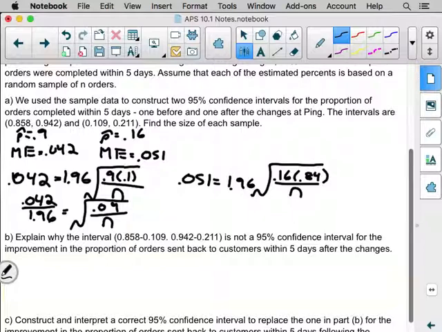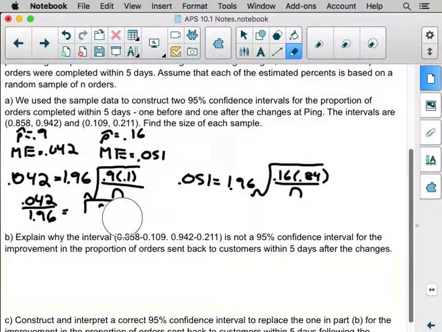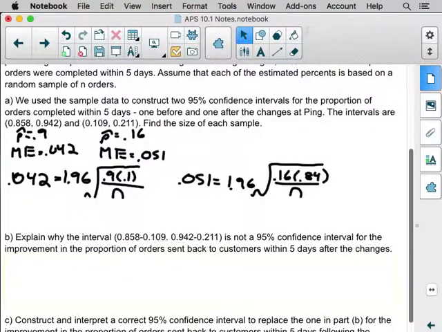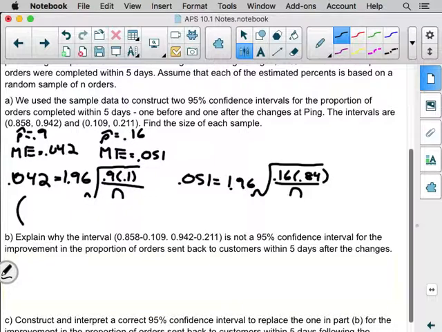Square it, all right? So the next thing that would happen is I would square it. How about next?